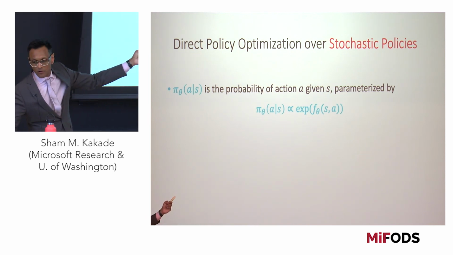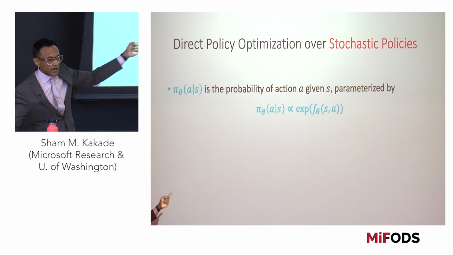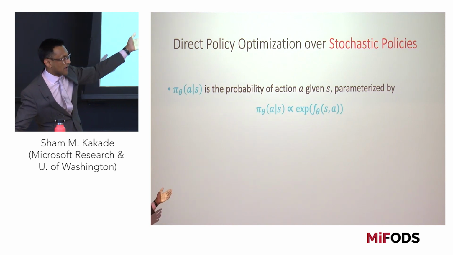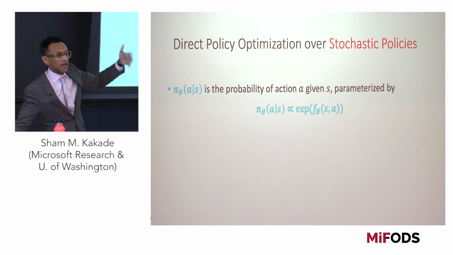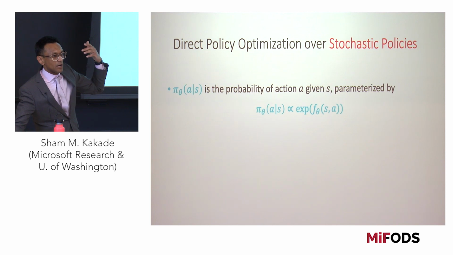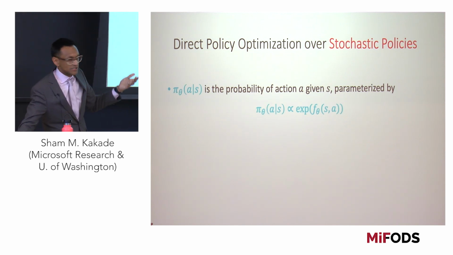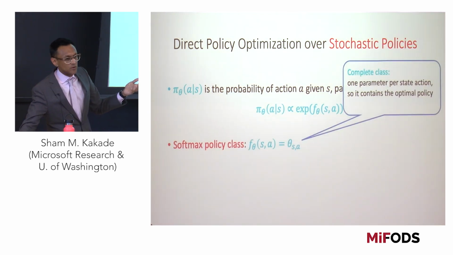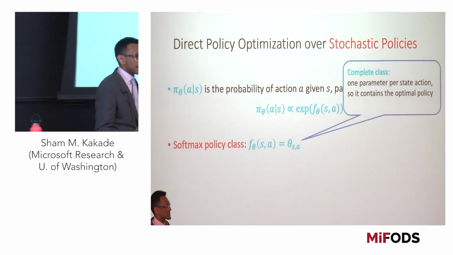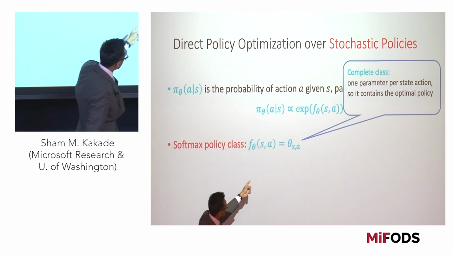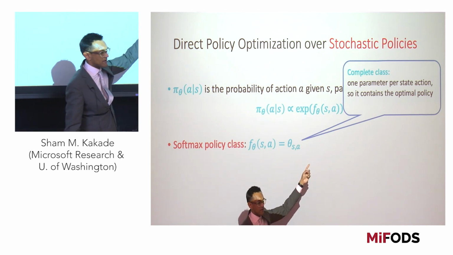Okay, so it's worthwhile to look at a couple of different choices of how we parameterize things, and then we'll ask what's the behavior of gradient descent in these different cases. What's the simplest one to start with? Let's look at the softmax policy class. We have a separate parameter for every state and action pair.